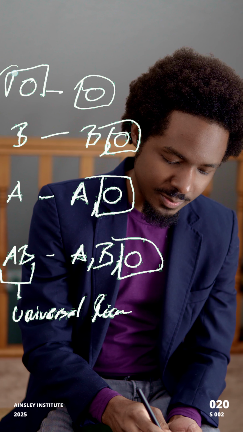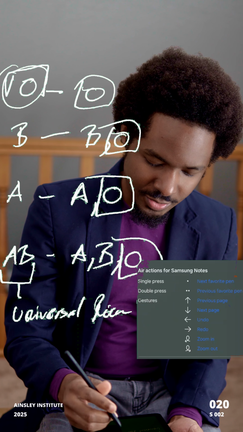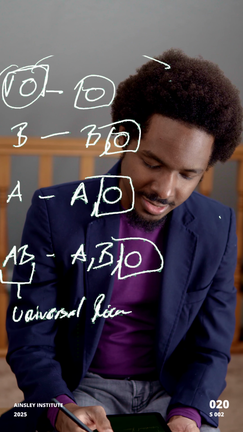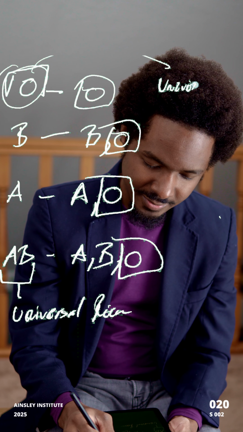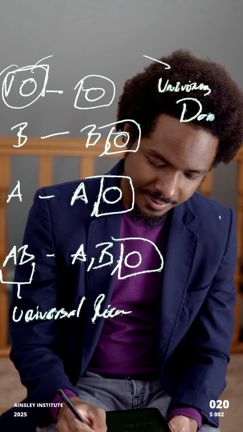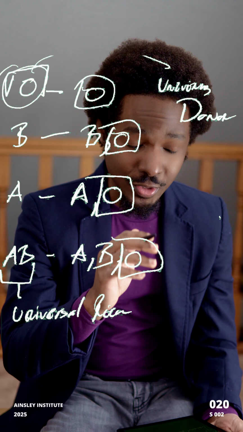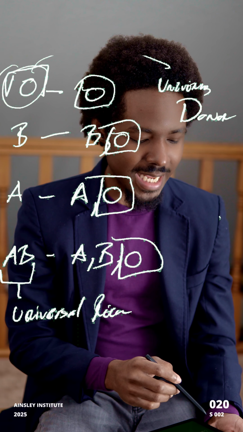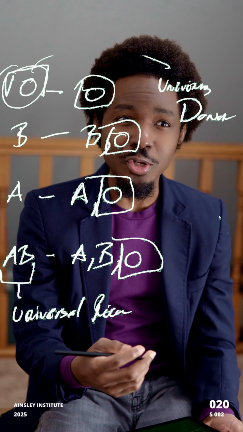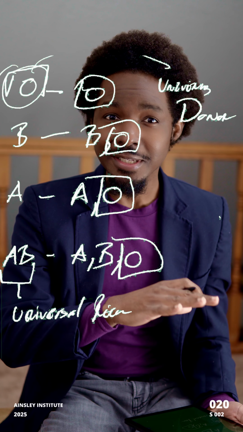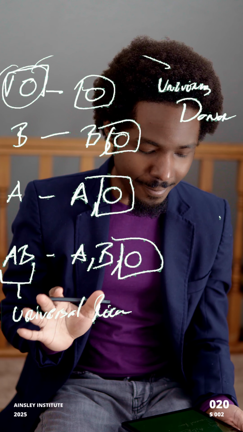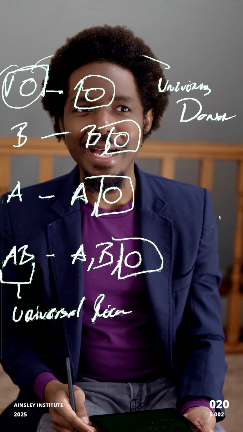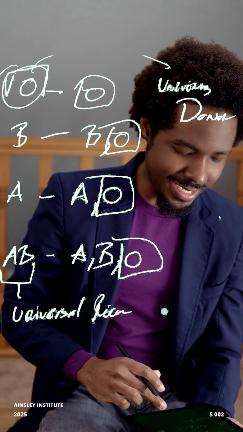So this O person can be considered to be the universal donor, which means that they can give to anybody. And the AB person is the universal recipient, which means they can receive the packed cell portion of the blood from anyone. All right? That's all we need to bear in mind in this moment in time.